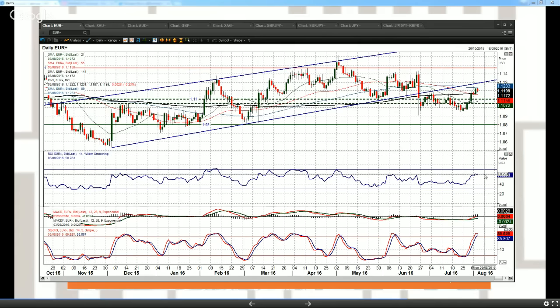if the RSI again fails around this 60 point, and the MACD lines start to fail around neutral again, because the stochastics are now into positive territory. So that suggests we're strong with the near-term uptrend or the near-term bull run. But it'd be interesting to see if it can sustain the move, because I will be surprised if it does.